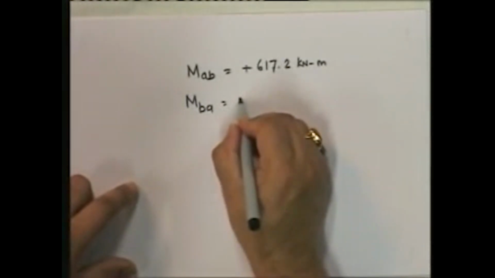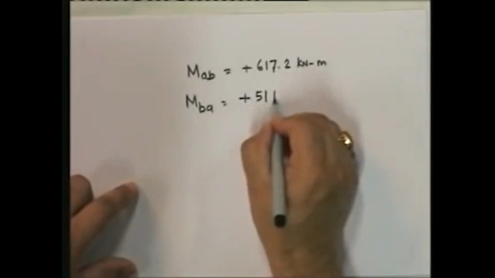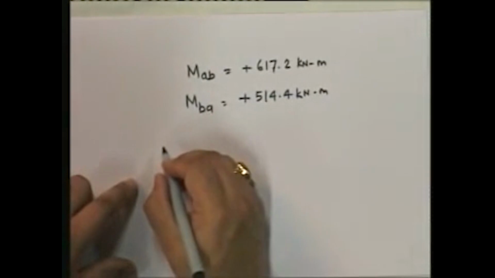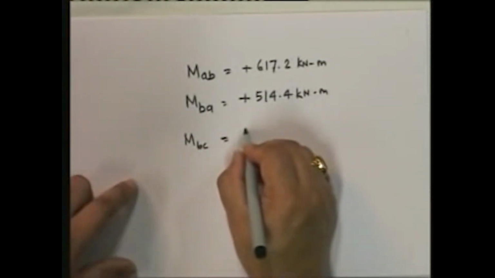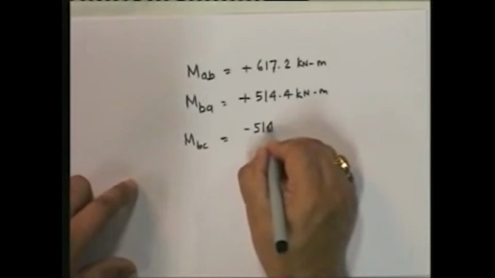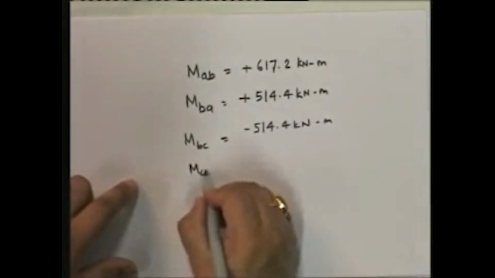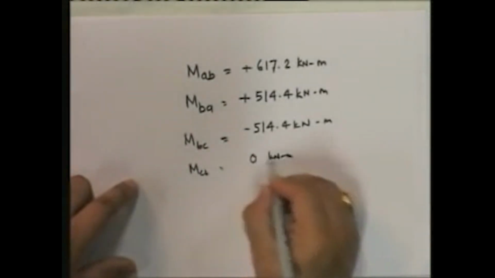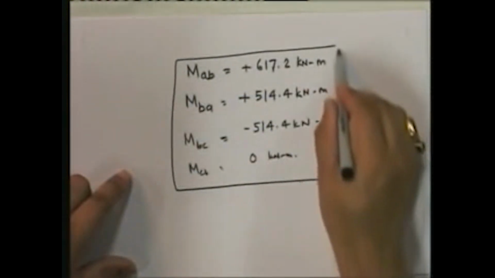MBA is equal to plus 514 kilonewton meter. MBC is equal to minus 514.4 kilonewton meter, and MCB is equal to 0 kilonewton meter.